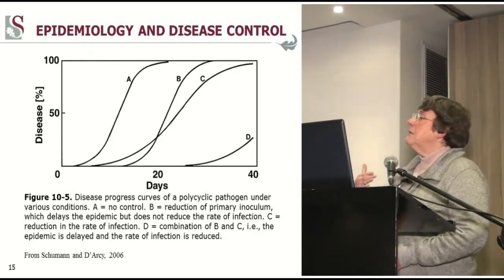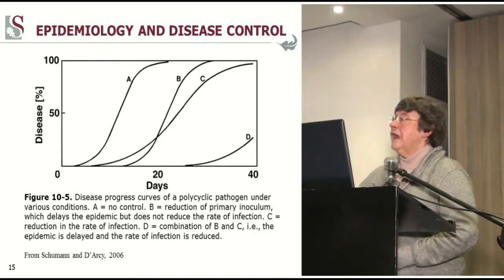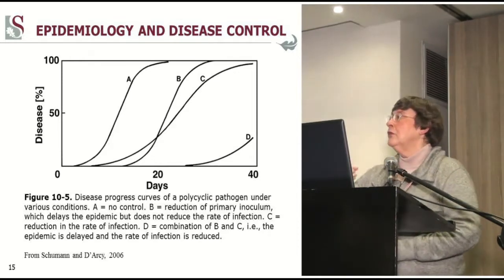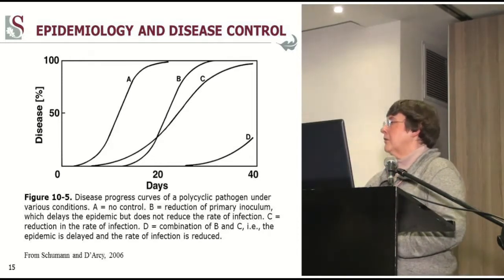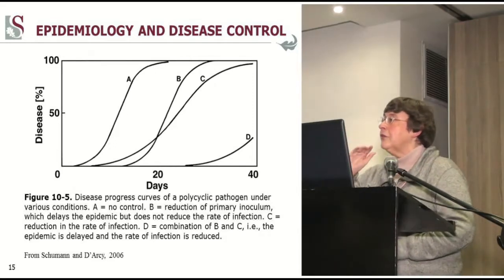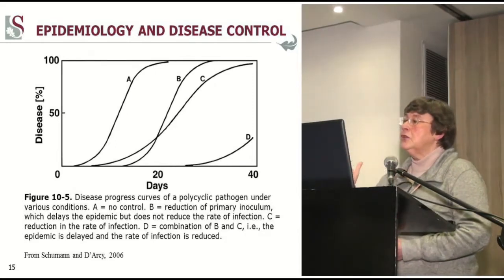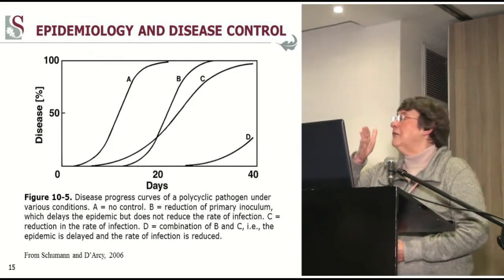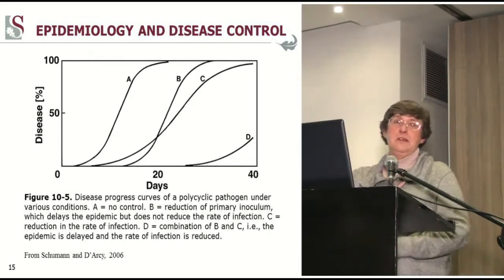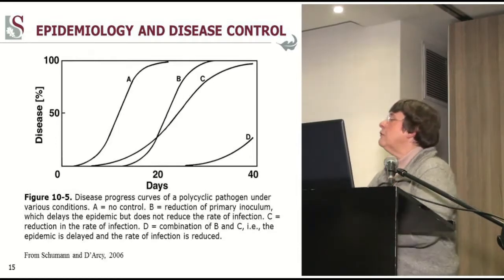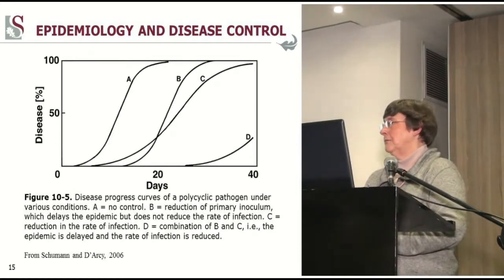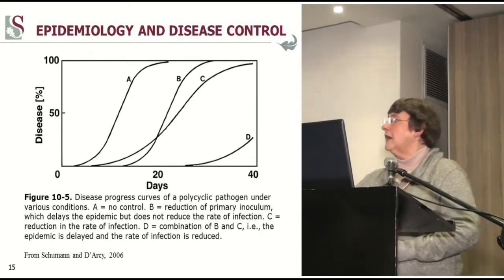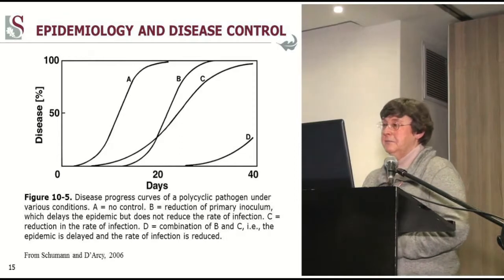If we implement a management strategy that removes the initial inoculum, so we're lowering that source of the pathogen, we shift that curve to the right. You see, we've delayed the start of the epidemic by simply removing the initial inoculum. Okay, so we've shifted the graph to the right to curve B.